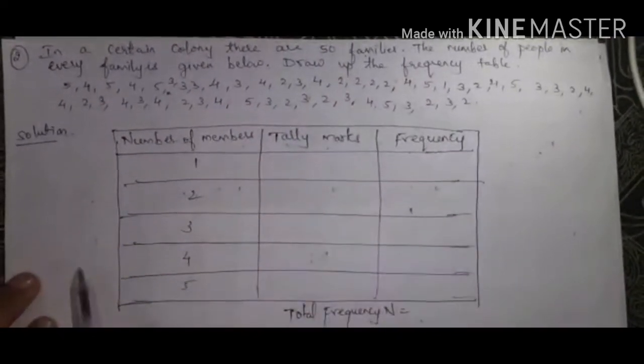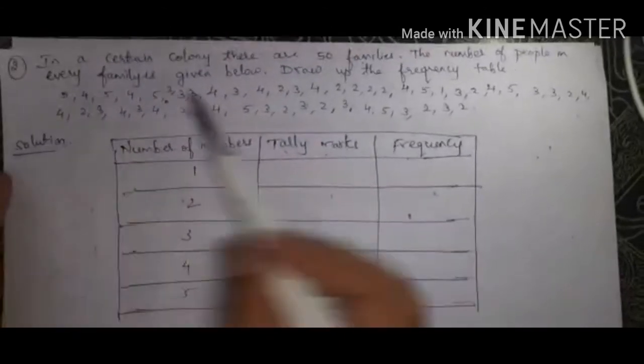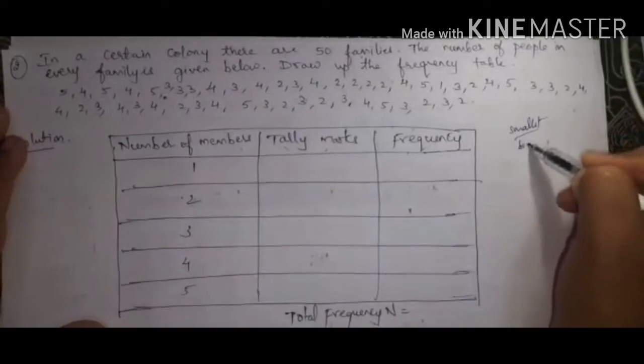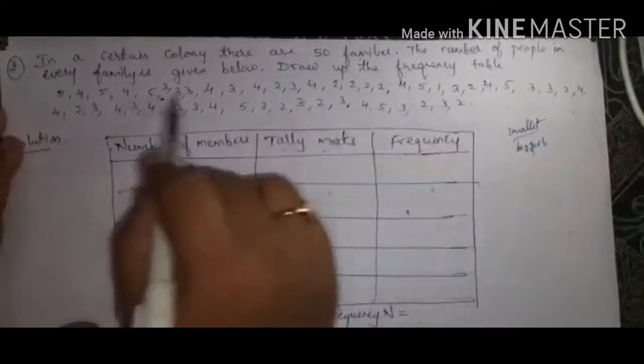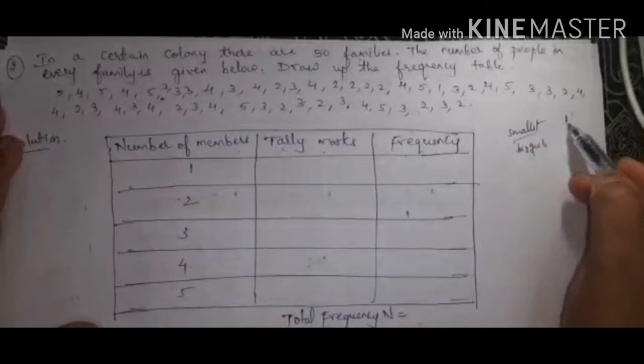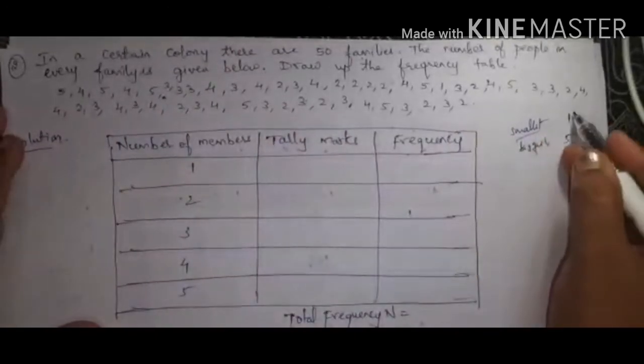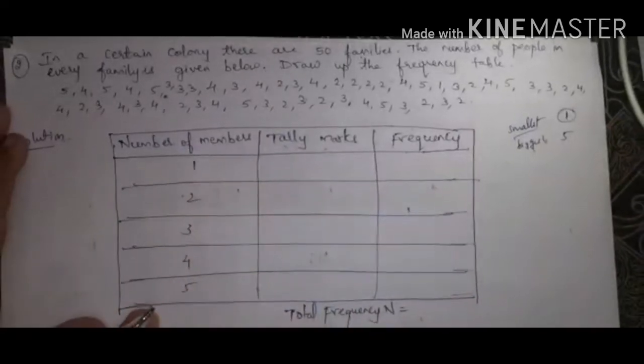Now check the smallest number first and the biggest. The smallest number is 1 and the biggest number I can see is 5. So from 1 to 5 you have to write all the numbers.